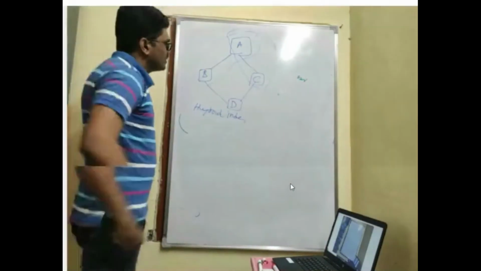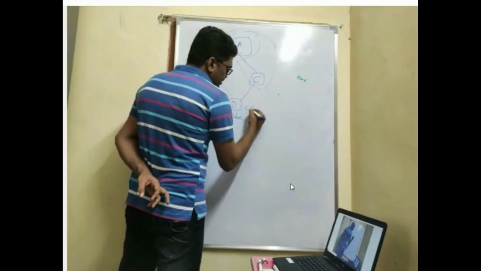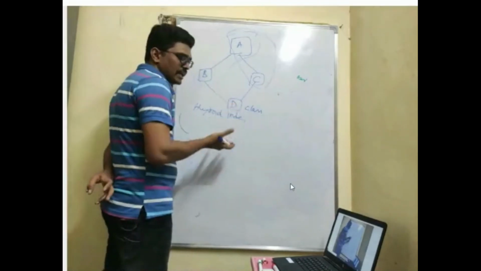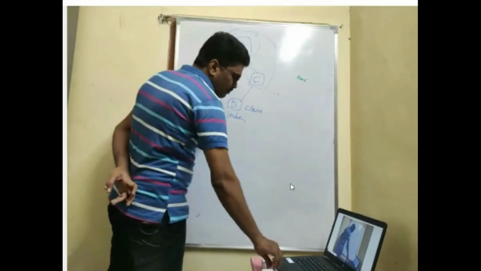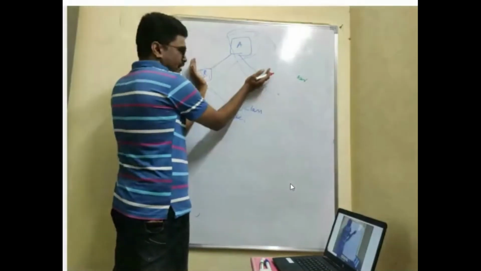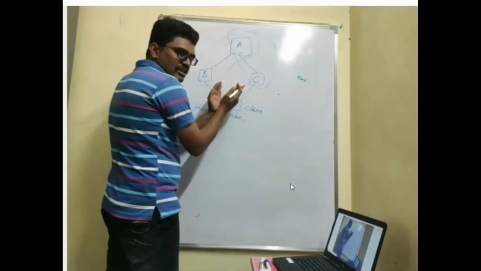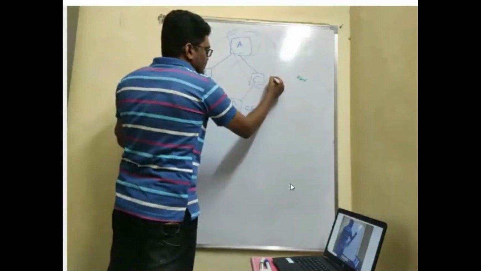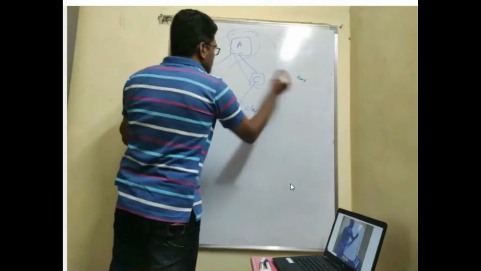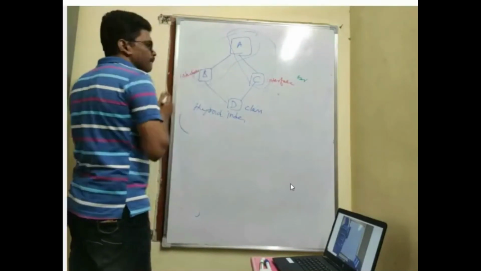Now the basic problem is, obviously the last one will be a class. There is no doubt. Now you see here, this is multiple inheritance. From both of them, I should get D. By using the class concept, it is not possible. So this must be an interface, and this must be an interface.